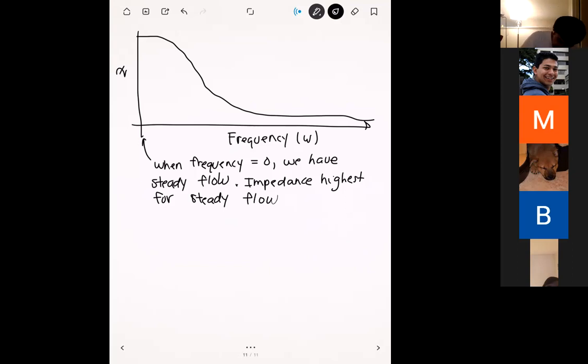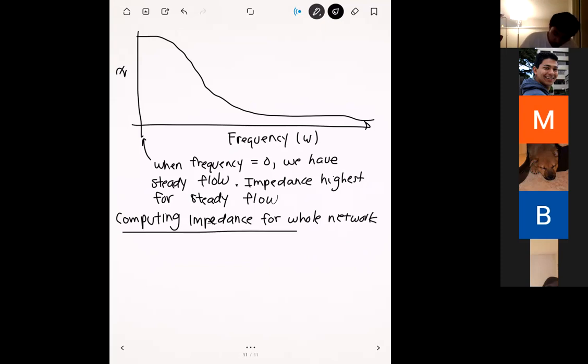Okay? And this leads into the algorithm that I want you guys to implement in problems 3 and 4 on the homework.